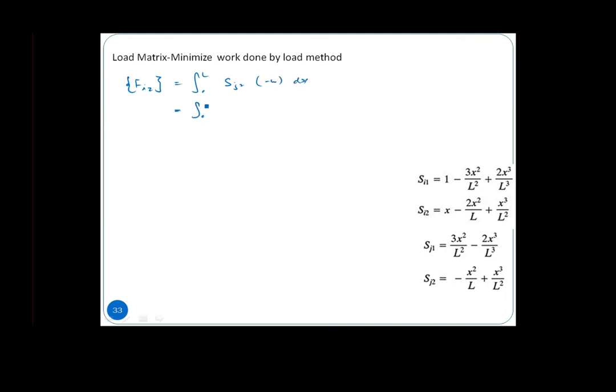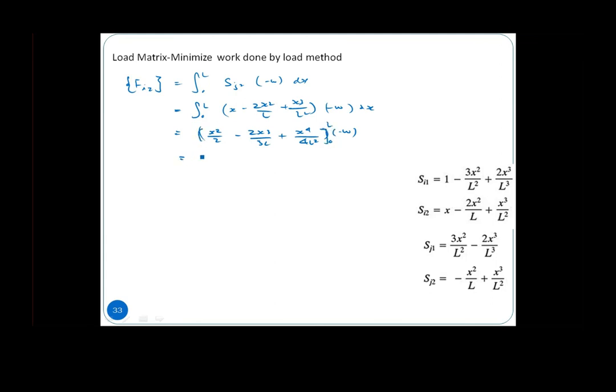So I have the integral from 0 to L of x minus 2x squared over L plus x cubed over L squared, times W, dx, right? So here we have x squared over 2 minus 2x cubed over 3L plus x to the power of 4 over 4L squared, times negative W, from 0 to L.